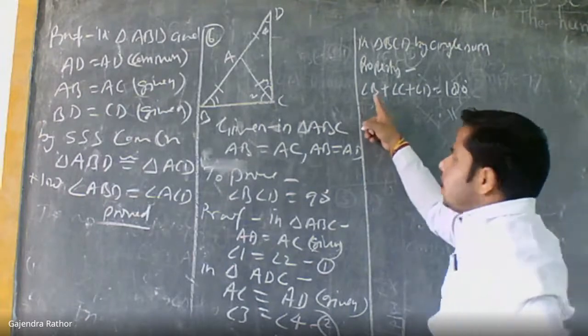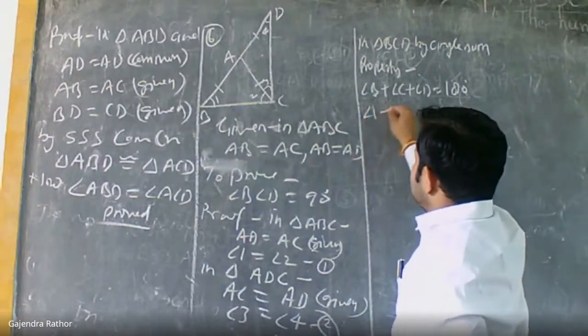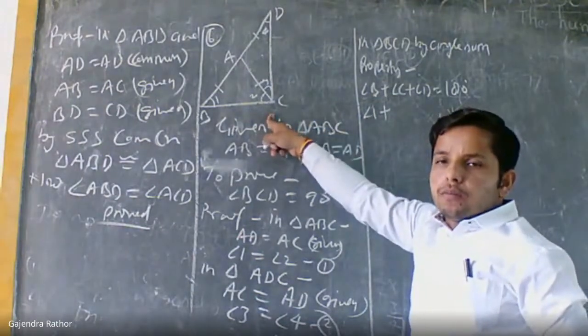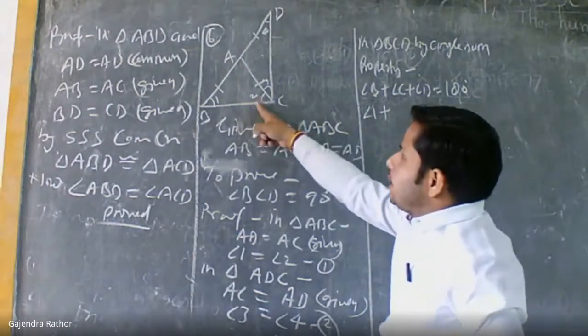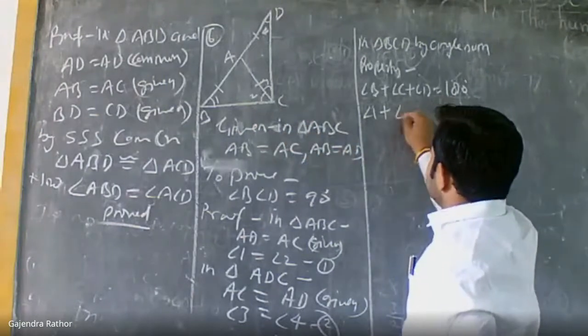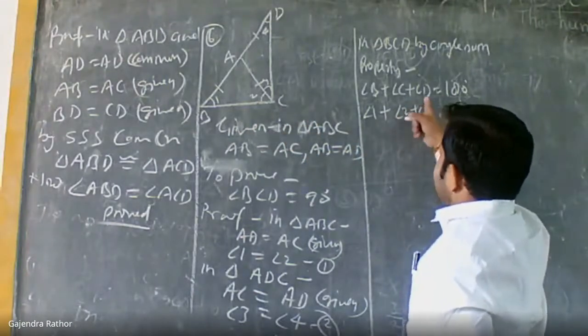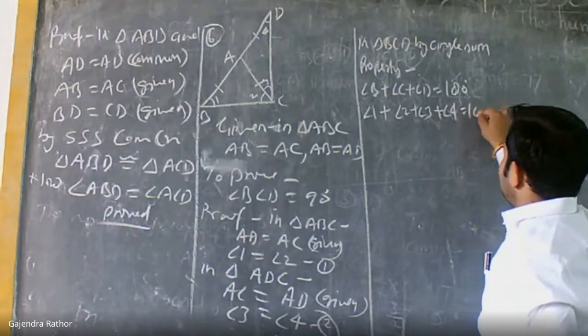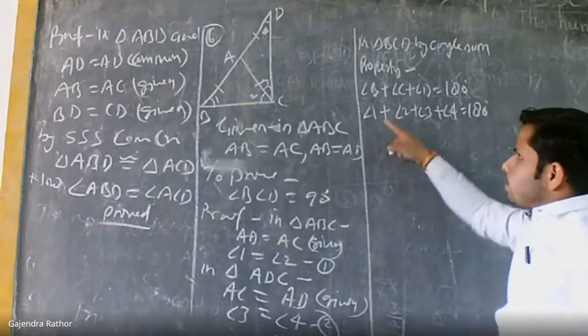What is the value of angle B? Angle 1. Angle C is made up of two angles, angle 2 plus angle 3. Next, angle D is angle 4, equal to 180 degrees.